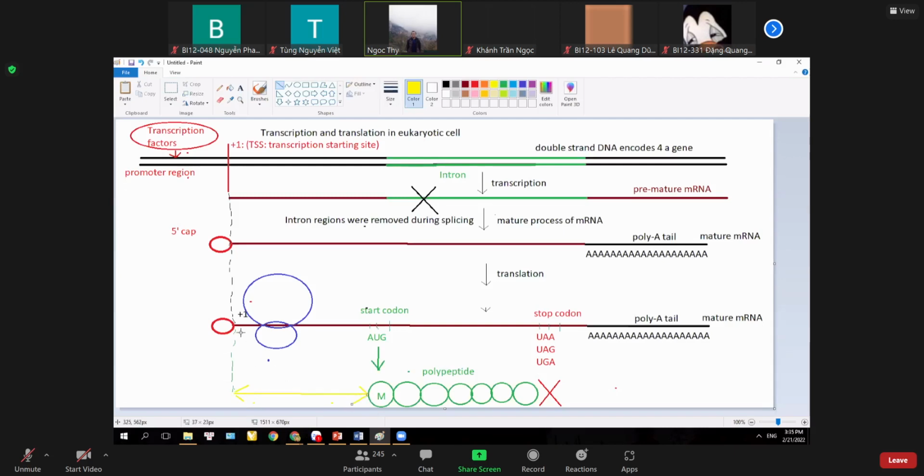So the mRNA's transcription starting site was in this position, but the ribosome will not start to synthesize the polypeptide until it reaches the start codon. So this is the translation starting site, and this is the transcription starting site. And this region of the mRNA was transcribed but not translated.